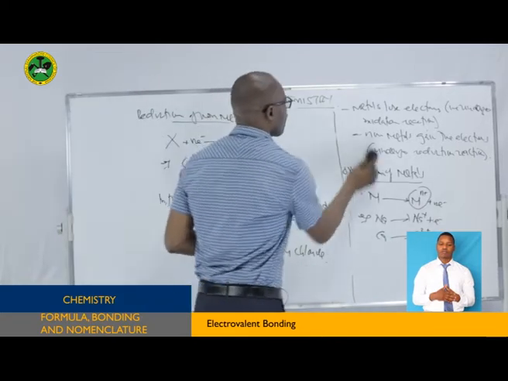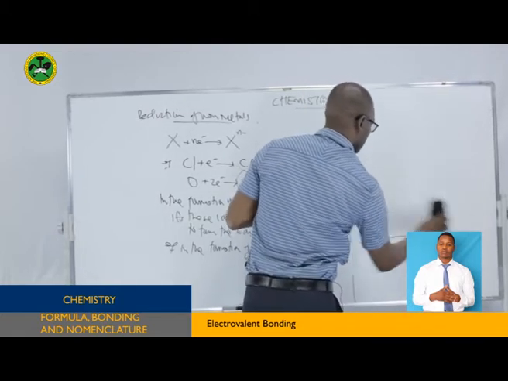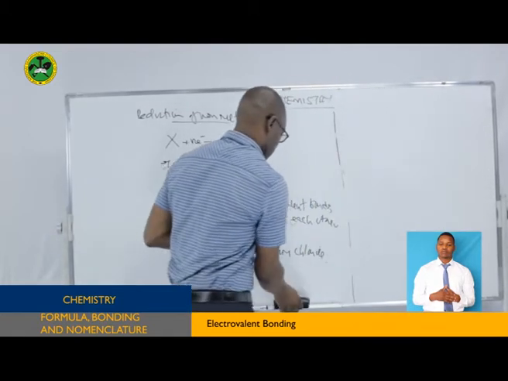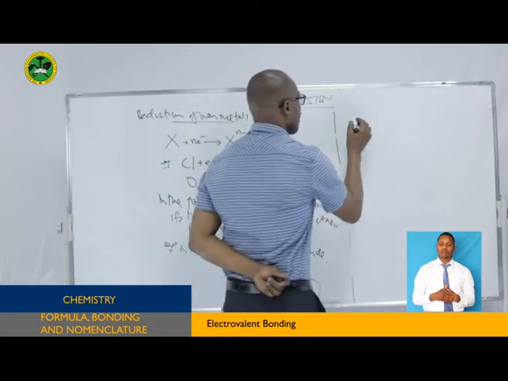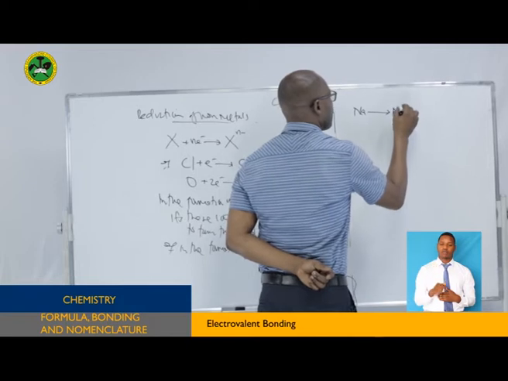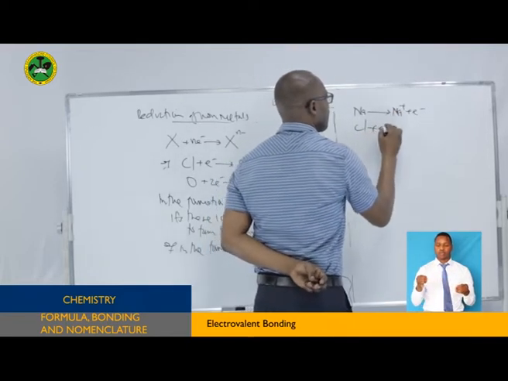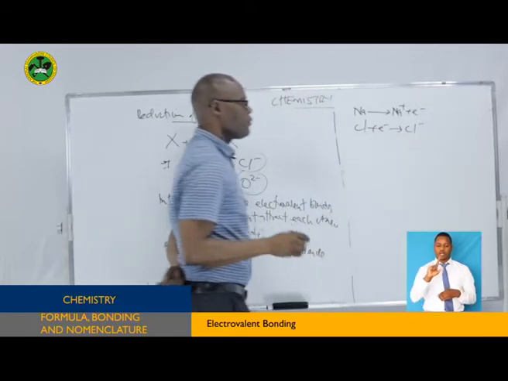So e.g., in the formation of sodium chloride, we have got these expressions. We have got sodium, then we have got chlorine giving us a chloride ion.